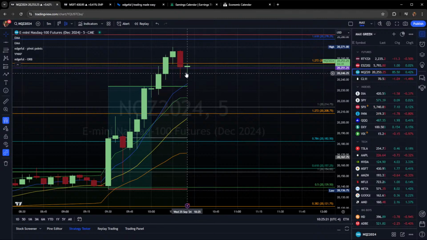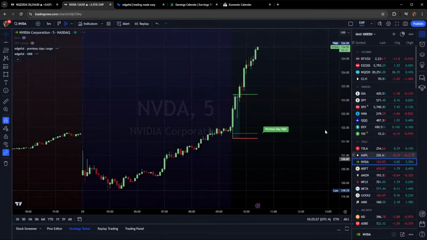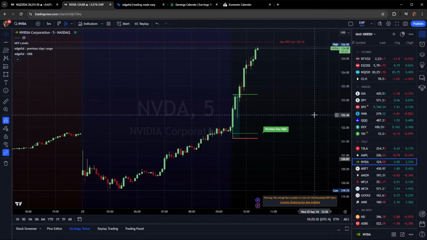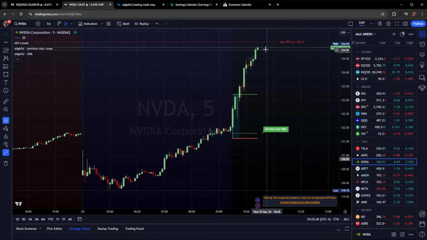I can just eyeball this. Nvidia is going to go to 125. How about that? Whole number and NFP. You probably do this on Nvidia.